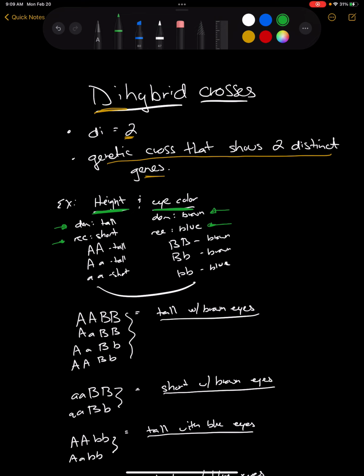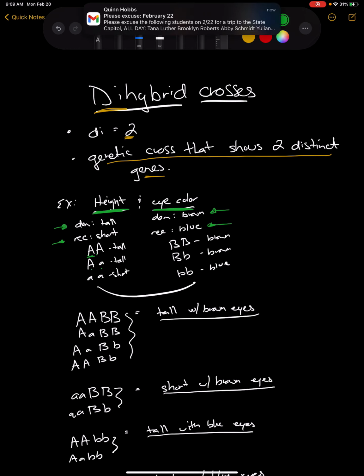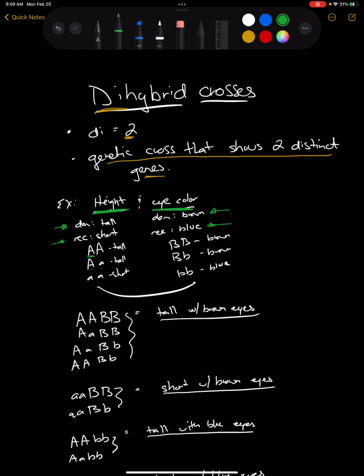If you have two big A's, remember you get one from mom, one from dad, they're going to show that tall trait because they have at least one dominant allele. If you get a big allele from one parent and a small allele from the other, you're still going to show the dominant trait. And if you have two little alleles, you're going to show the recessive trait, which will be short for this height one.